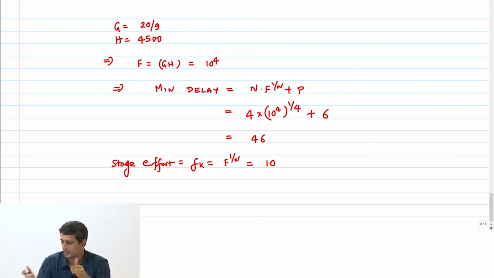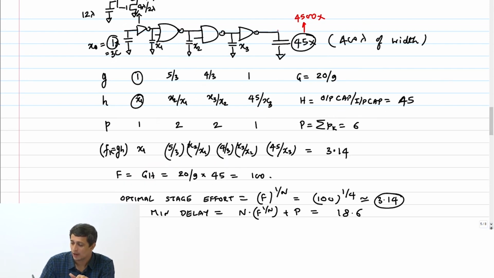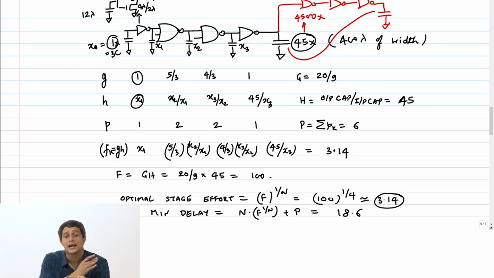I take this circuit here and I can now append to this as many inverters as I want and then move this capacitance here. Of course, I can add as many inverters as I want, but the path logical effort will not change. Neither will the path electrical effort change, because path electrical effort is still output load capacitance by input load capacitance.